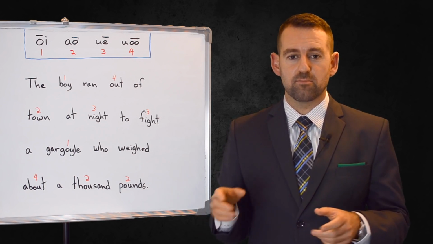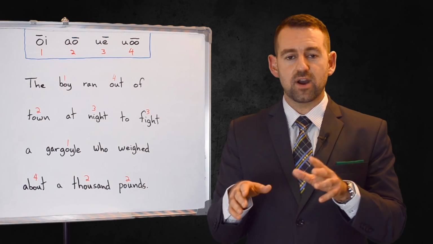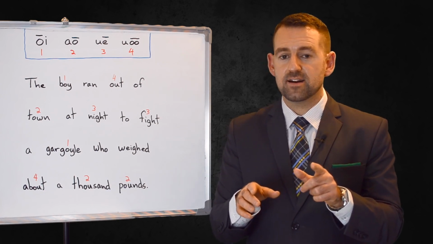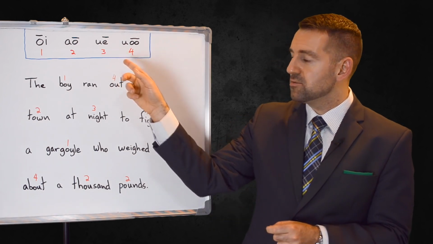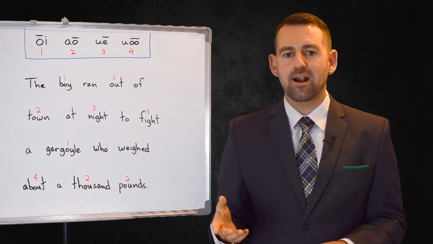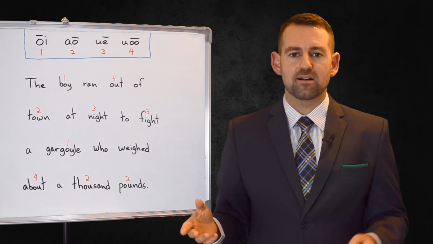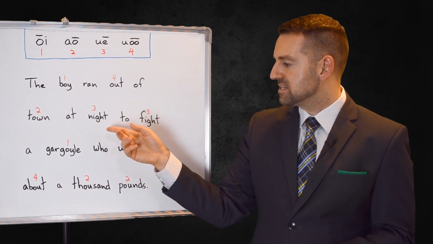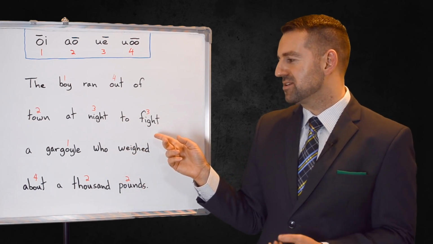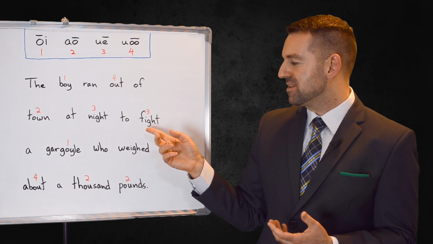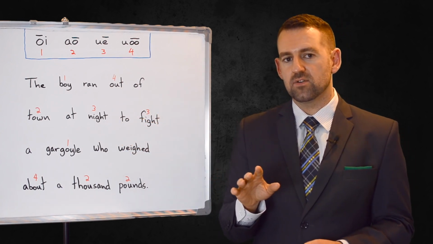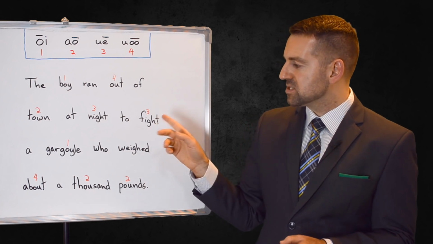Like if you're burning wood, then you have a fire. But people in the southern part of the United States would say fire, or night, fight. It sounds weird to me. Most Americans that I know say it this way as well.